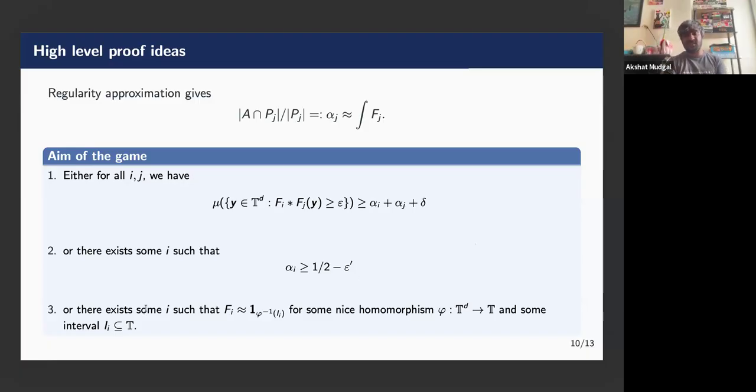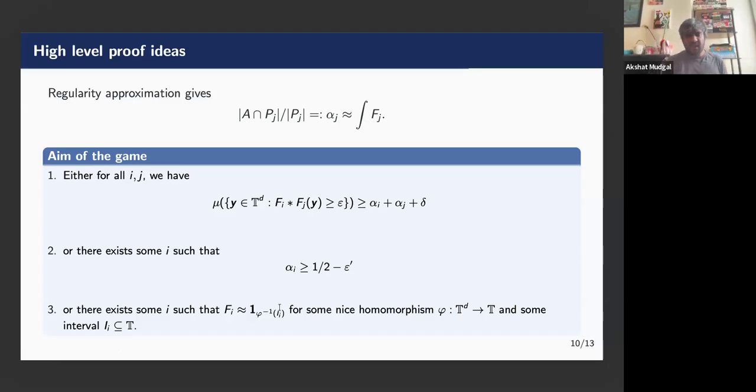So it says there exists some block on which this Lipschitz function that I had, well, it was Lipschitz and nice, but in fact, it's secretly the characteristic function of some Bohr set. So there is some nice homomorphism phi from the d-dimensional torus to the one-dimensional torus. There is some interval I in the torus, and my Lipschitz function essentially behaves like the characteristic function of this Bohr set.